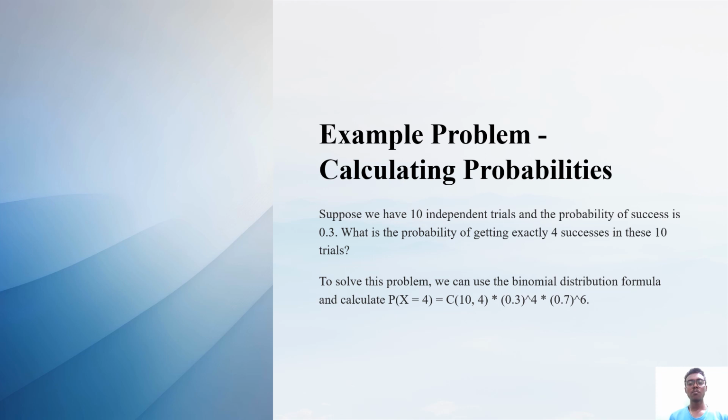To solve this problem, we can use the binomial formula: P(X = 4) = C(10, 4), which is 10C4 * 0.3^4 * 0.7^6. By solving this equation, we will get the solution for this question.